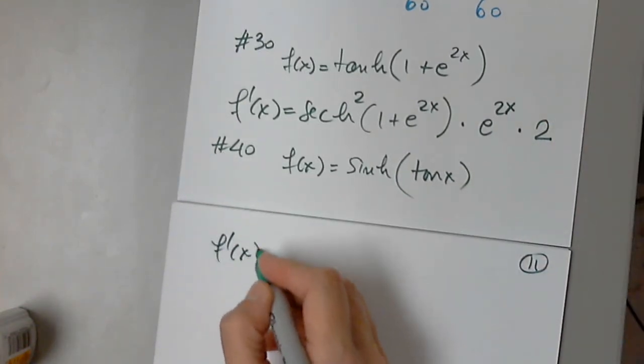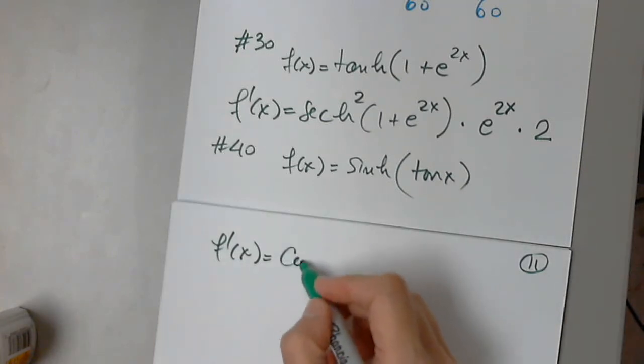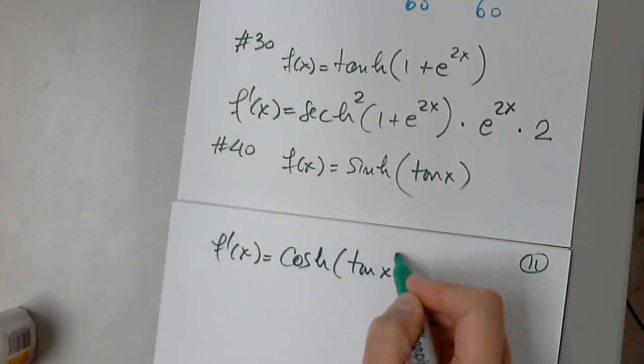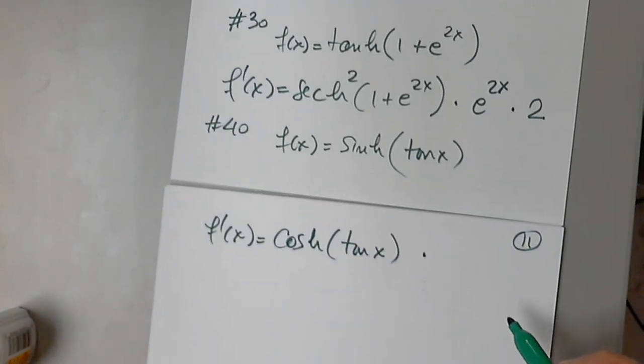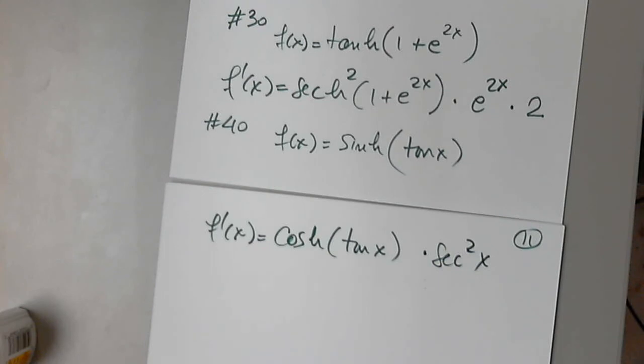So f prime of x is hyperbolic cosine of tangent x times the inner function prime, which is secant squared x.